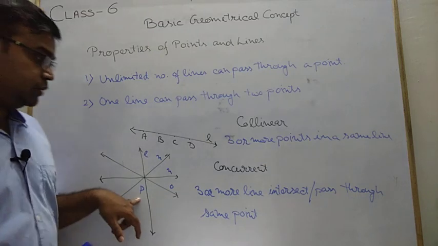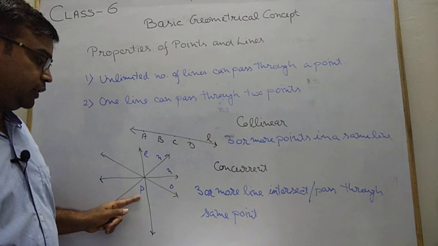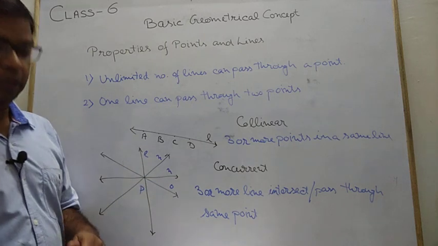This point P is a point of concurrence, and if three or more lines pass through the same point, those lines are known as your concurrent lines.